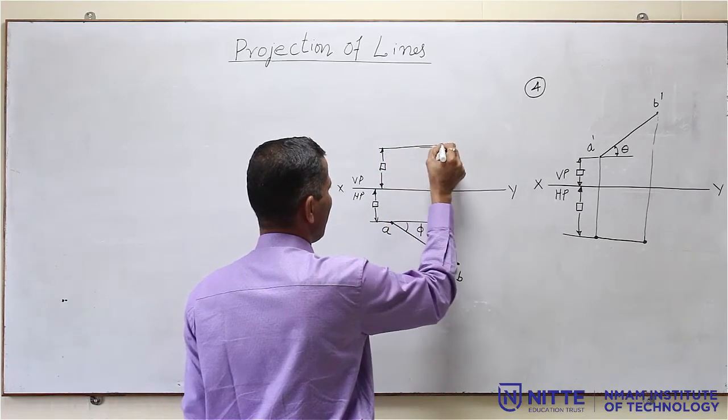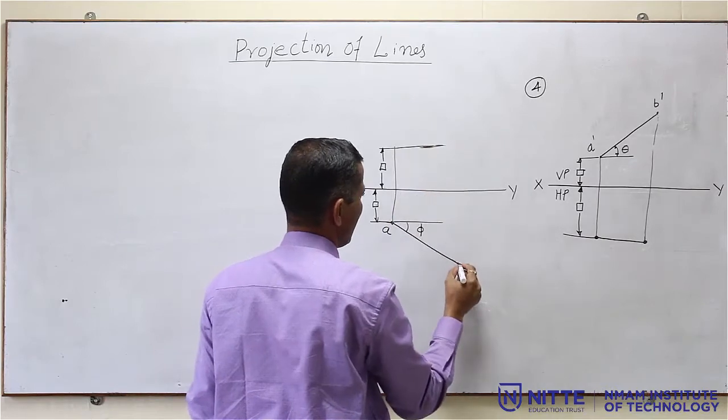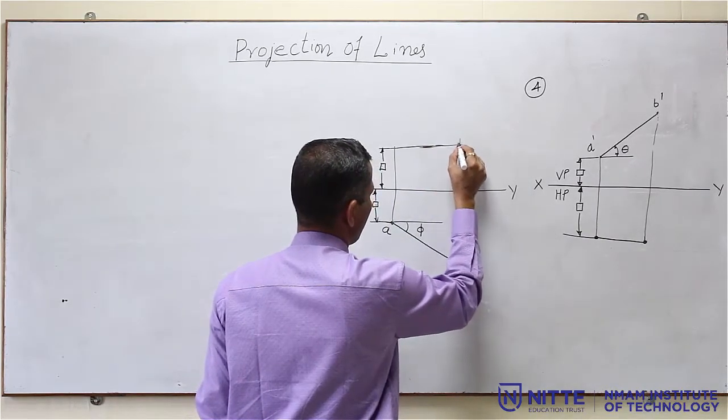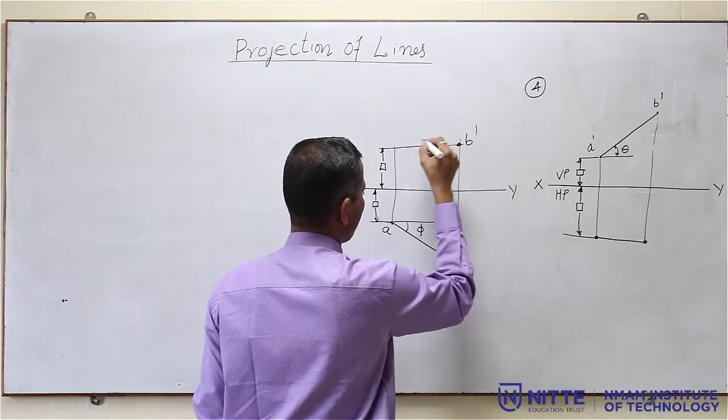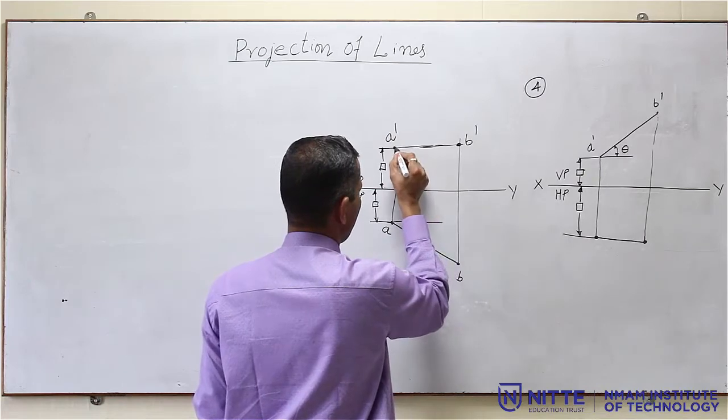Draw a light line, then project a vertical line, B also. So, this is B dash, this is A dash. Make this dark.